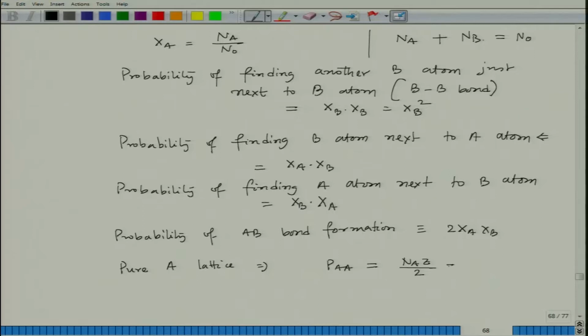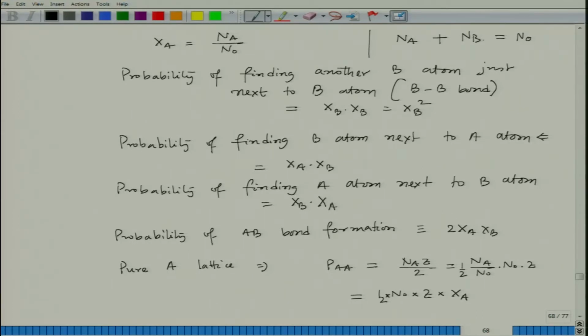I can write it in this fashion, Na by N0 into Z half. So, it is nothing but N0 into Z into XA.